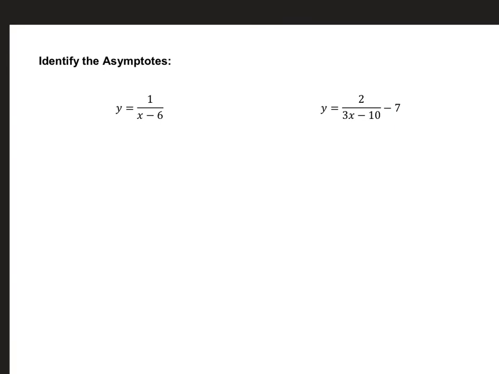All right, so we are going to identify horizontal and vertical asymptotes. So I have some notes you guys have to write in that are not typed in. So a vertical asymptote is when the denominator is equal to 0. Basically that excluded value that we found. That's going to give us a vertical asymptote.